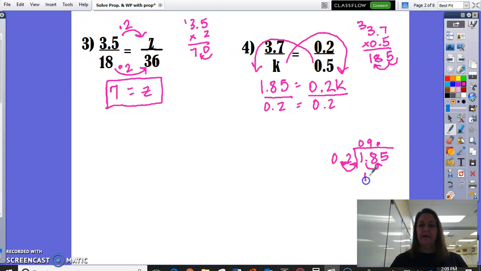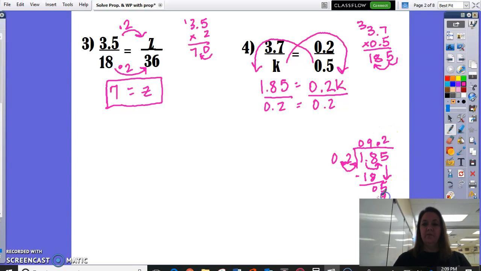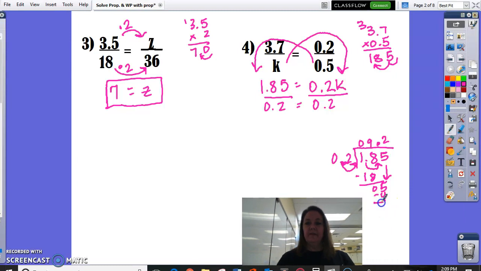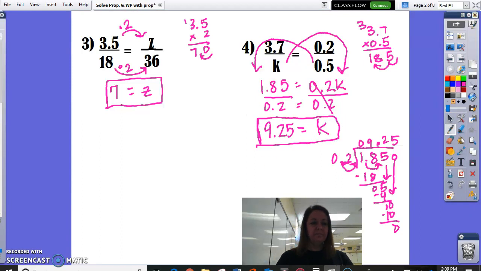So then we have 18, bring down the 5, oops, we need a 0, and then it works out very nicely. And we get that 9.25 equals k.